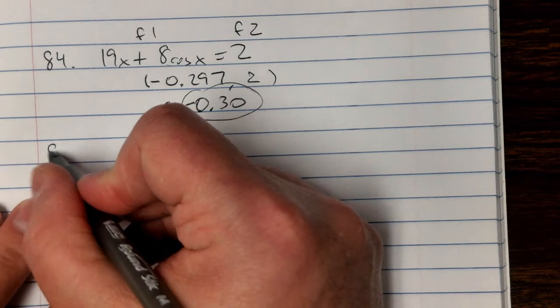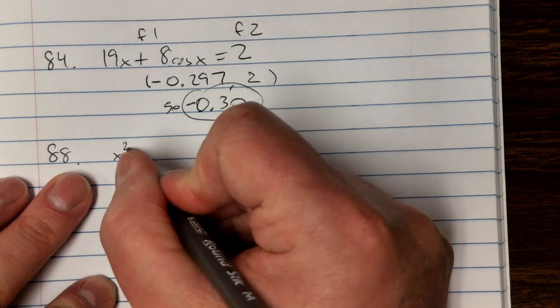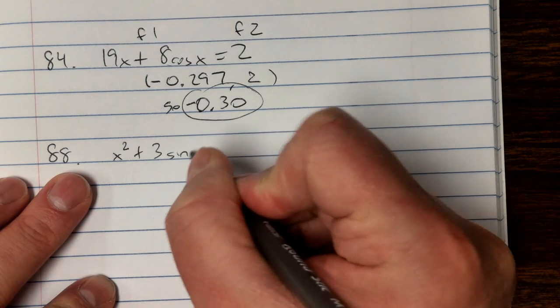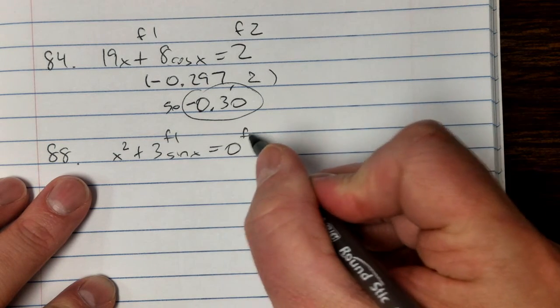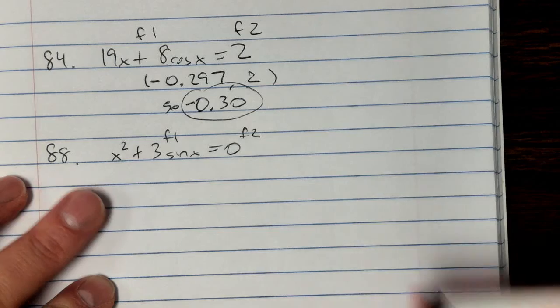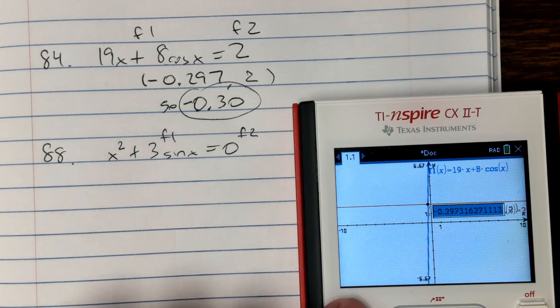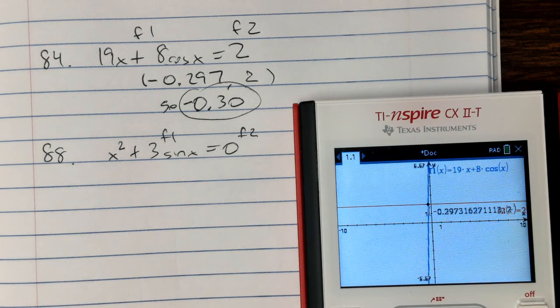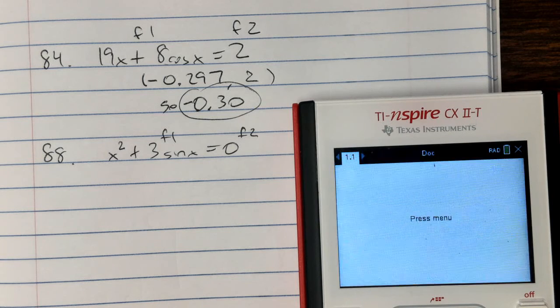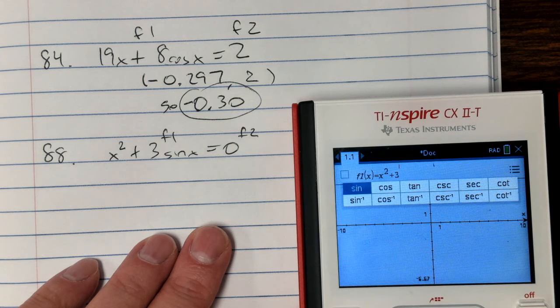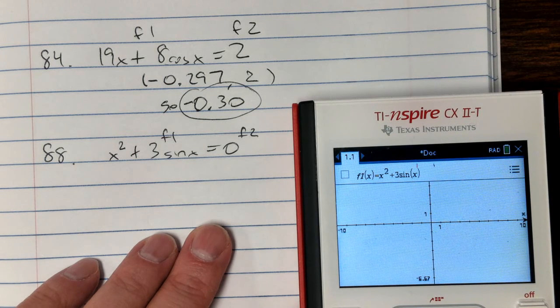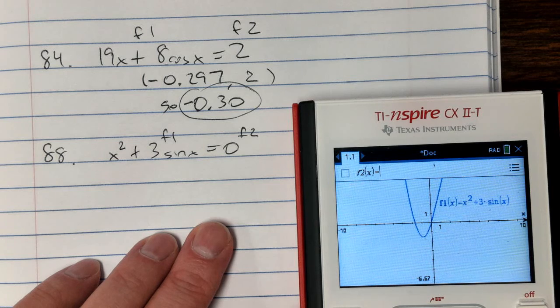Okay, and then our last one, number 88, you've got x squared plus 3 sine x equals 0. So again, put function 1 on the left, function 2 on the right. X squared plus 3 sine x, and then you put 0.